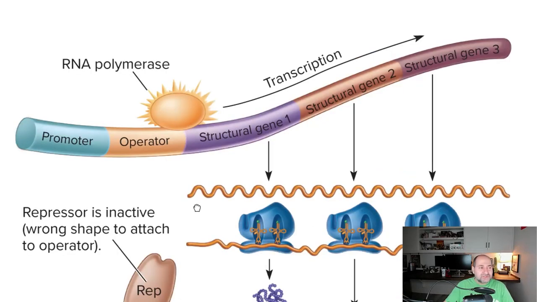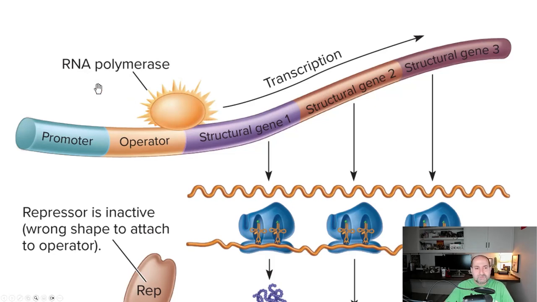So remember, as with all operons, you have numerous genes that are functionally related. In this case, this is the arginine operon. So these genes are expressed to form proteins that function to synthesize the amino acid arginine, one of the 20 important amino acids for making proteins.